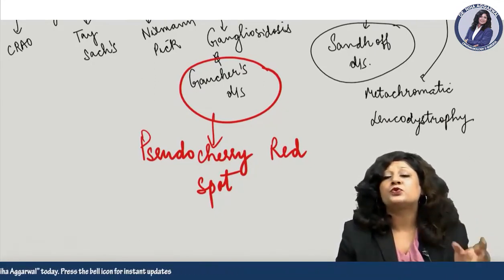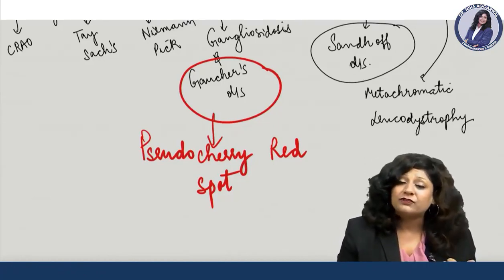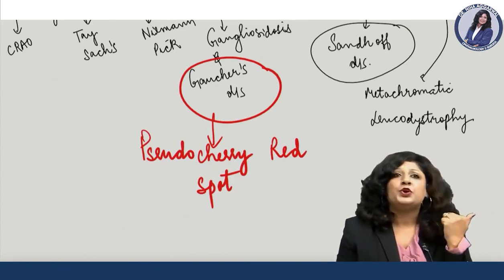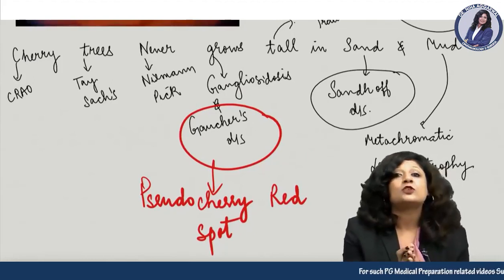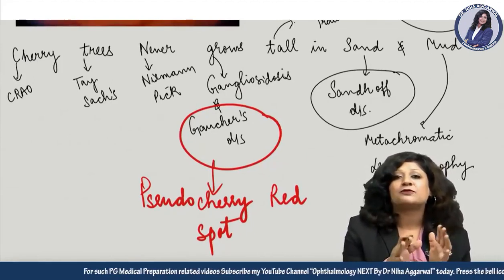It is not the true cherry red spot that we get in all other conditions. Knowing this is important because sometimes you will have to consider Gaucher's disease as a cause of cherry red spot, and sometimes you will have to exclude it.